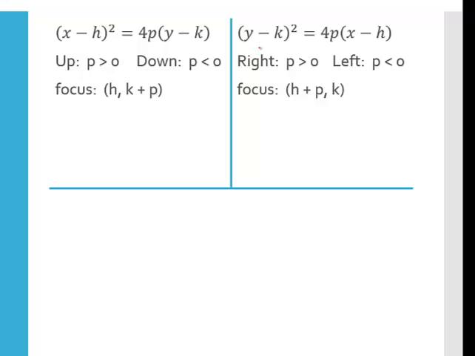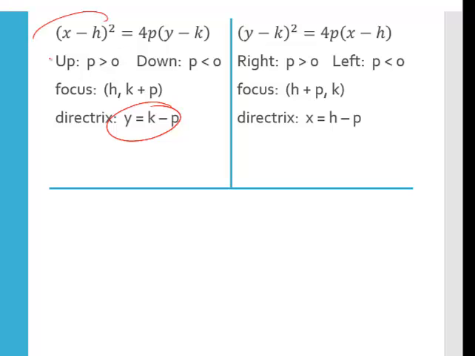Our focus, that point that's given for a parabola, is going to be, whenever x is squared, h comma k plus p. And when y is squared, it's going to be h plus p comma k. Our directrix, that line that determines our parabola, is going to be y equals k minus p whenever x is squared.